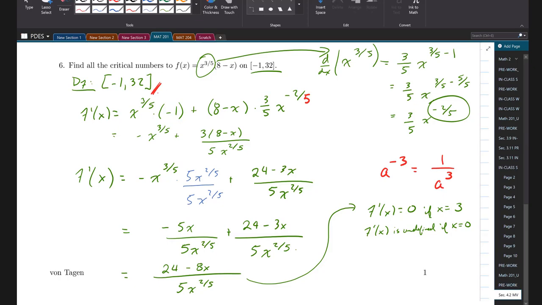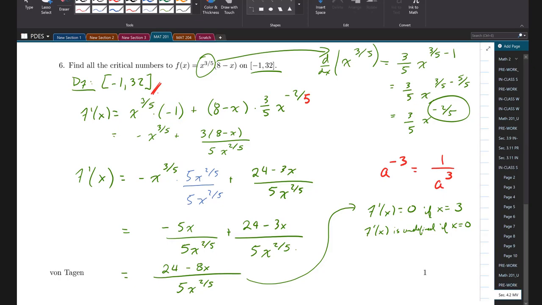That's just by our choice of definition. I think of the critical numbers as a way of doing a sweep to find all the potentially interesting points on this graph. If -1 or 32 was interesting, we will address that, but not as a critical number, but when we check our endpoints.